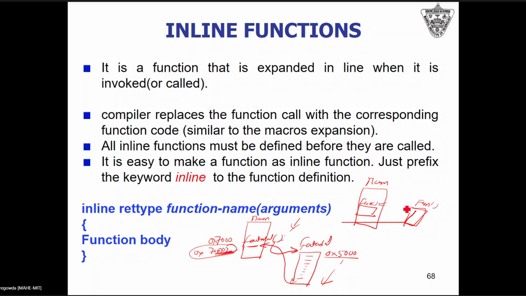That means memory is the disadvantage in the case of inline functions. But time is not a critical parameter in this case. When I feel that memory is a critical parameter, in that case you can go with the normal method. Whenever you feel that time is a critical parameter, in that case you can make the inline function.